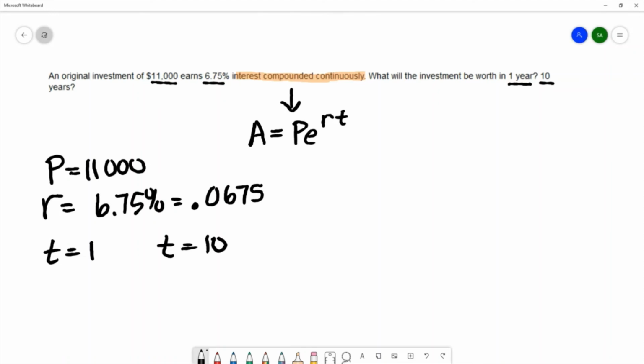So let's do the calculation for a time of 1 year. That's A equals 11,000 e to the 0.0675 times 1.